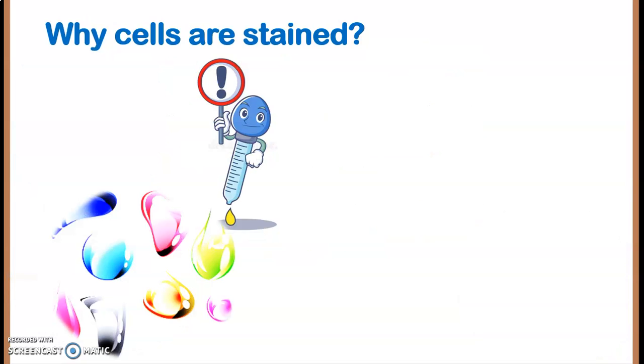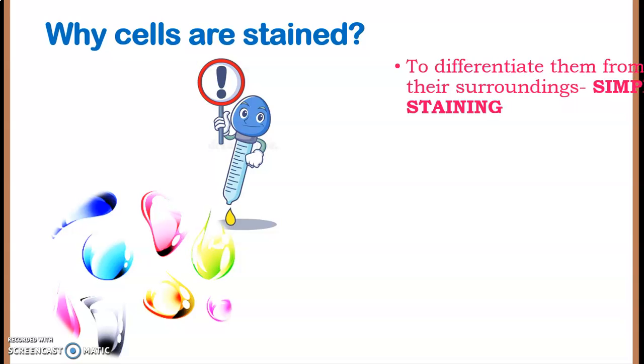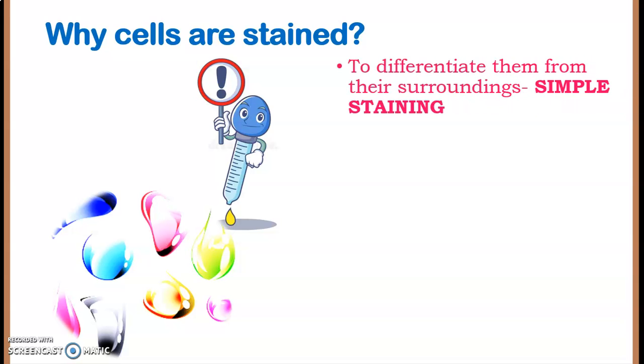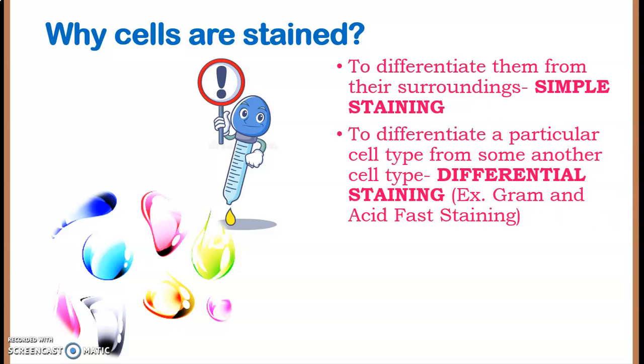So why do we need to stain the cells? To differentiate them from their surroundings, this is the simple staining process. To differentiate a particular cell type from another cell type, there is the differential staining process, which includes the Gram staining and acid-fast staining.